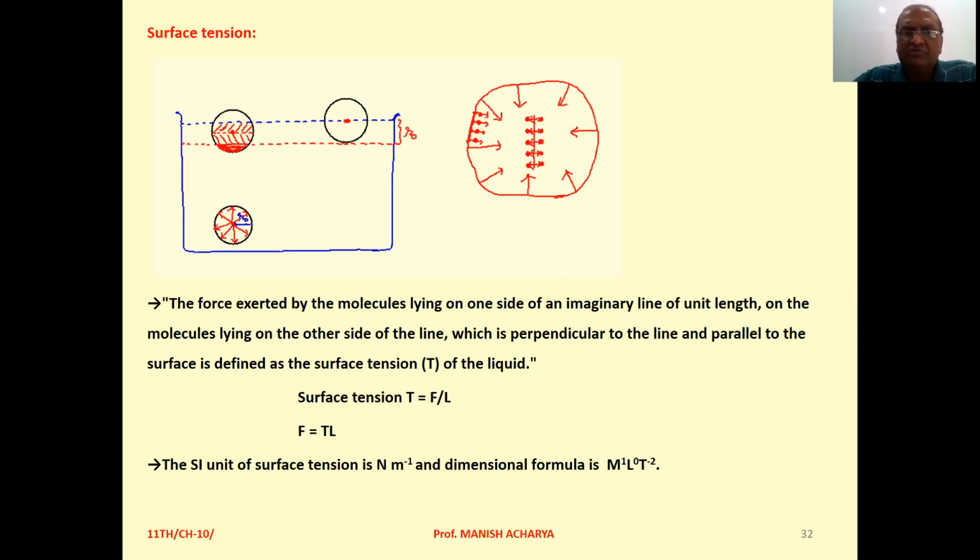Due to the liquid molecules residing in this dark part of the sphere, some resultant force will be exerted on this molecule in the downward direction. All those molecules in this part of the sphere represented by the lines will be balanced. And the molecules in this empty space are molecules of air, which will exert some attractive force on this molecule in the upward direction.